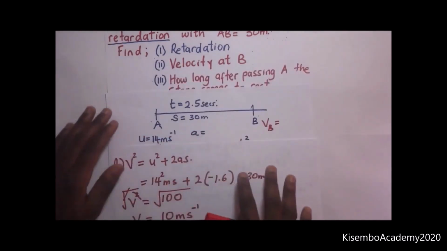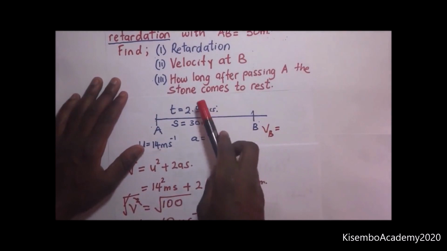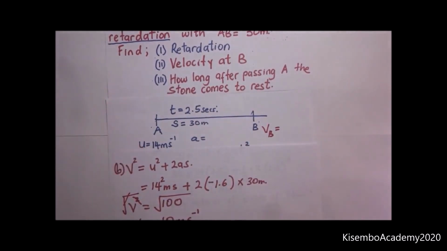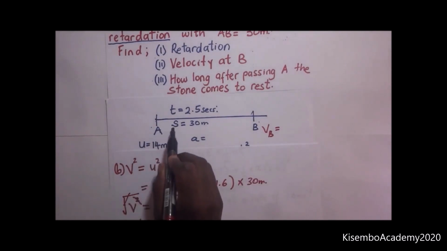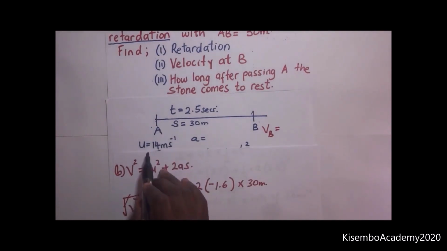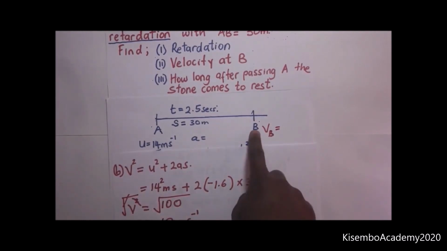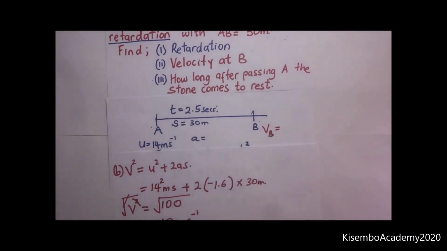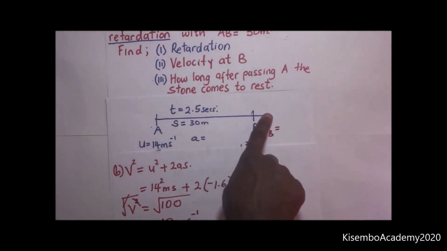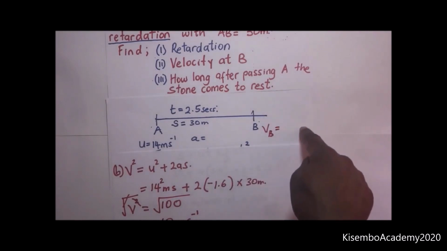The third question is asking us, how long after passing A does the stone come to rest? So remember, this stone, when it started from here, it moved on from A at an initial velocity of 14 meters per second. As it kept moving, it reached point B, and the velocity we got at B was 10 meters per second. Now for it to come to rest, it means that it is supposed to continue until its velocity is 0.